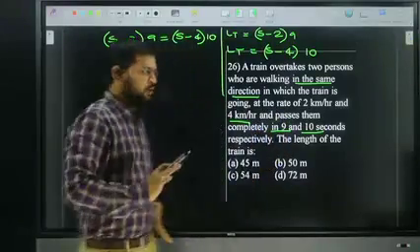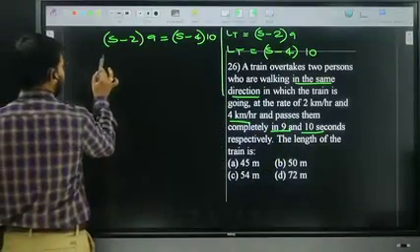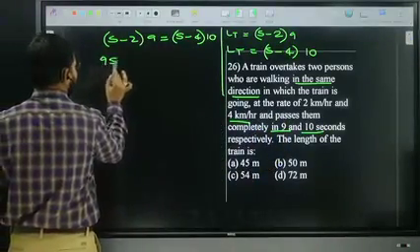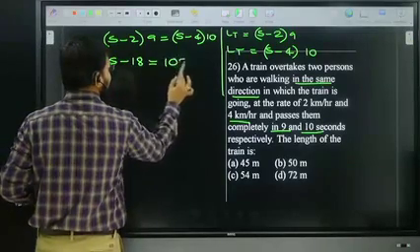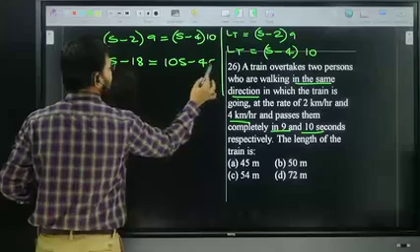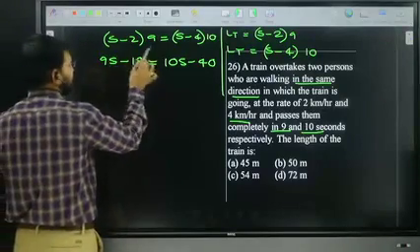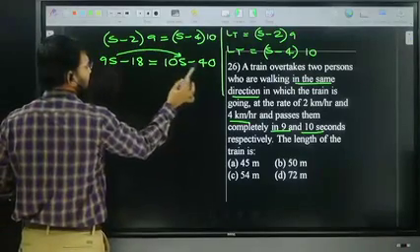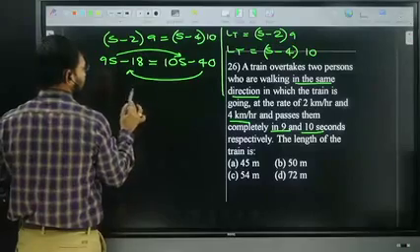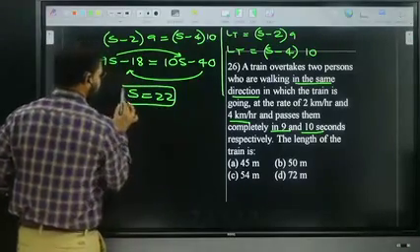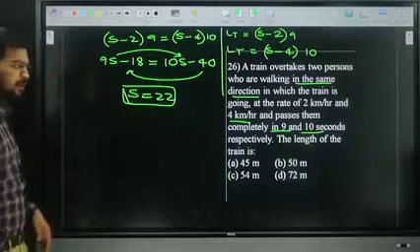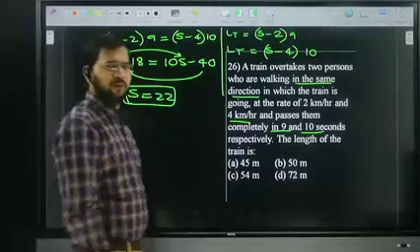Simply, 9 into S, 9S, minus 18. 10 into S, 10S, minus 40. So 9S comes to that side and 40 comes to this side. Therefore, S is equal to 22 km per hour.